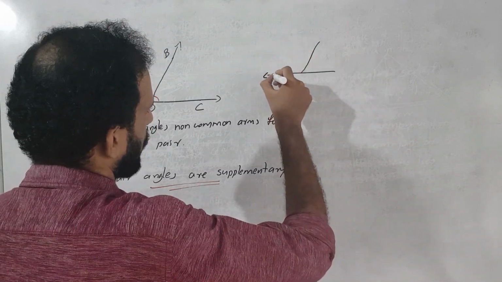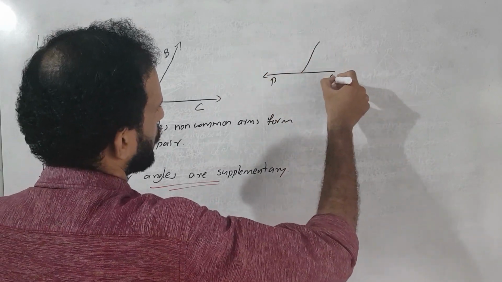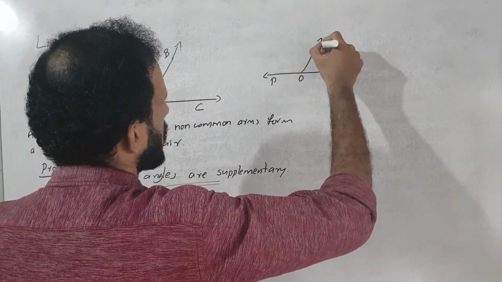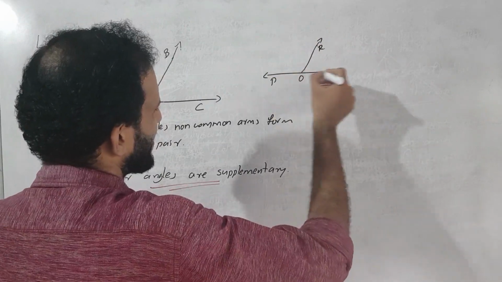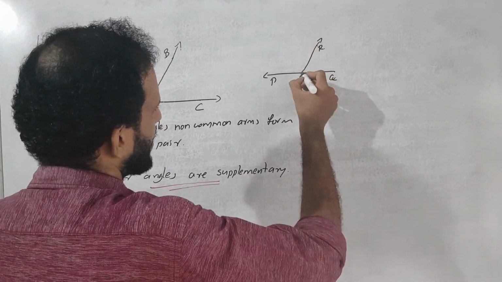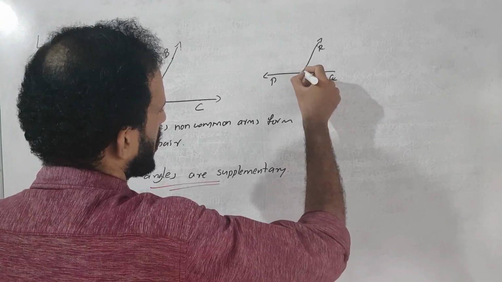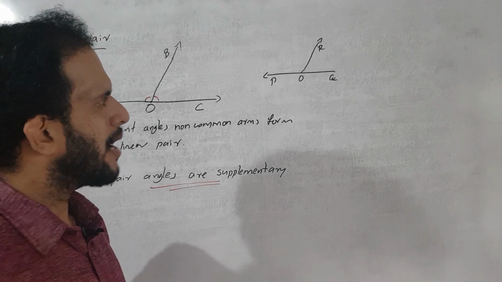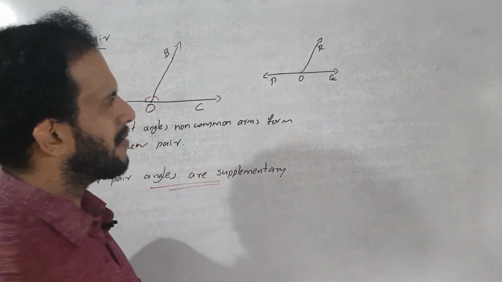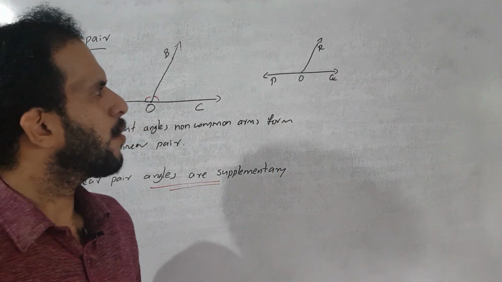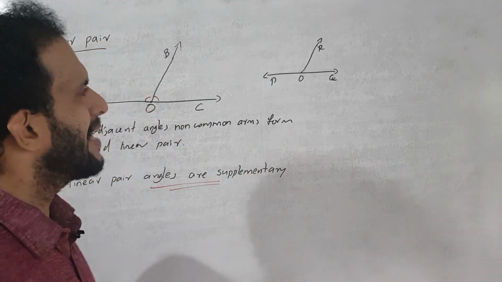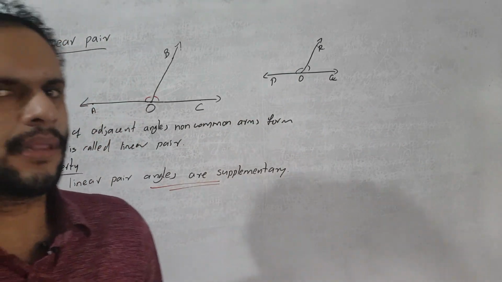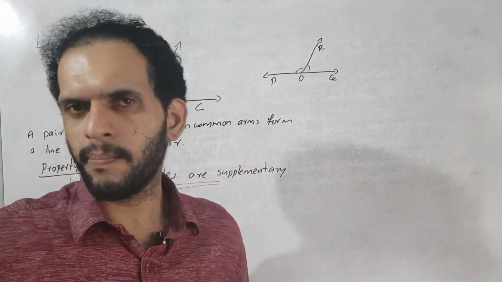OR is a ray standing on the line PQ. Then there exist two angles, and these angles are linear pairs.